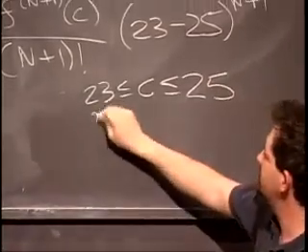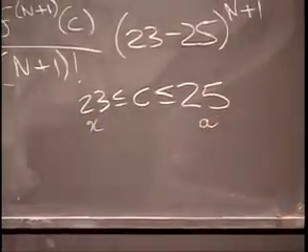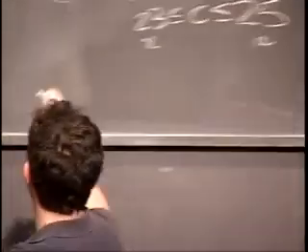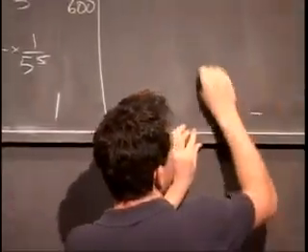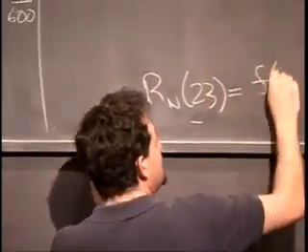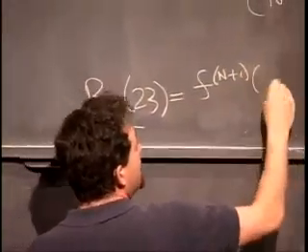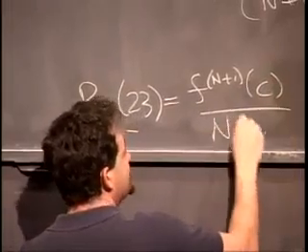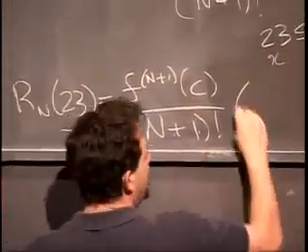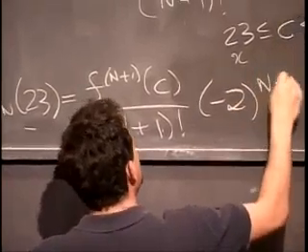This is x, and this is a. Okay, so the error that we're looking for, let's just simplify it a little bit, is this derivative, which we're going to have to grab from the table, at c over n plus 1 factorial times minus 2 to the n plus 1.